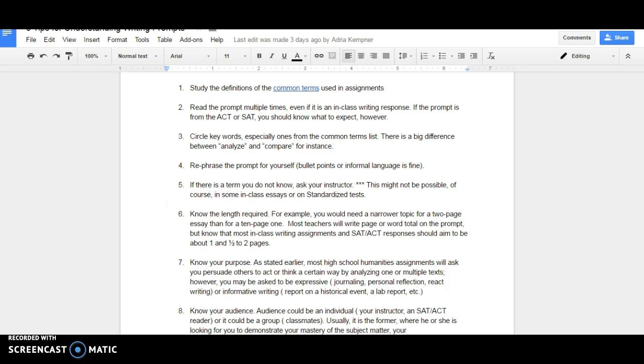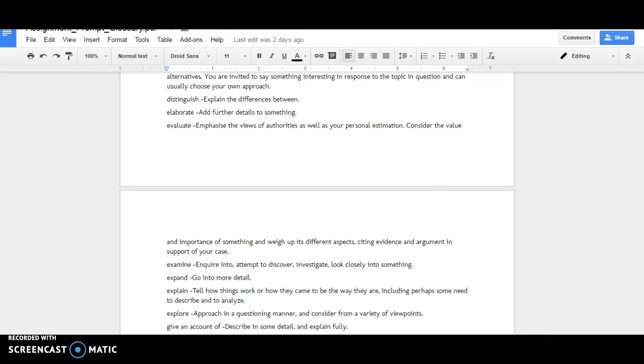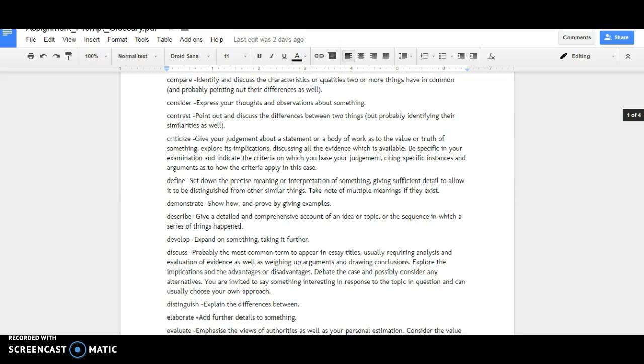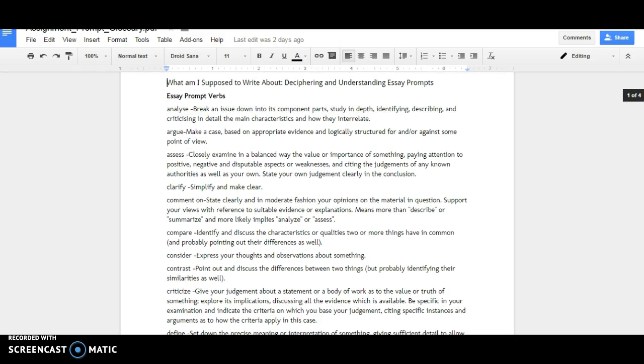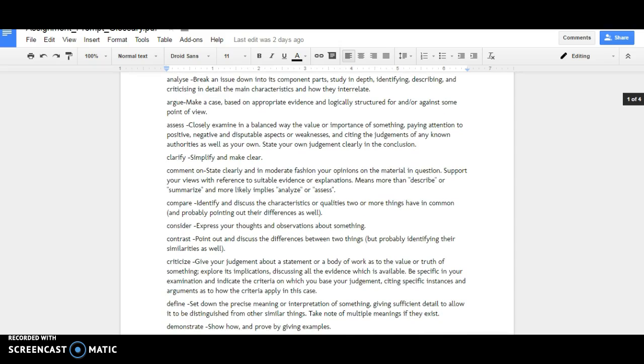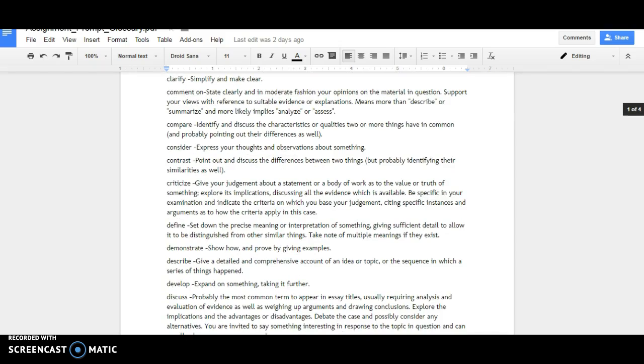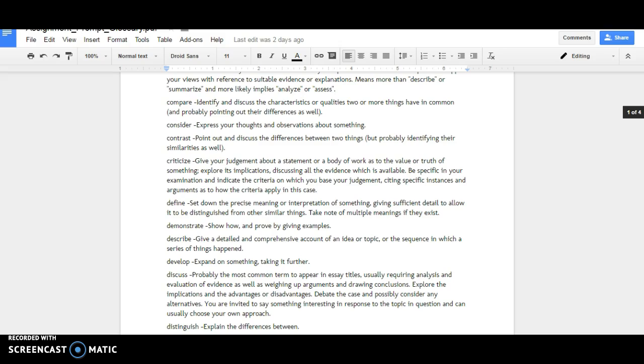So the first thing is to look for some keywords in the prompt. I gave you this handout with some key definitions to recognize. So you know what analysis is, to argue, assess. That may be different from compare or contrast.